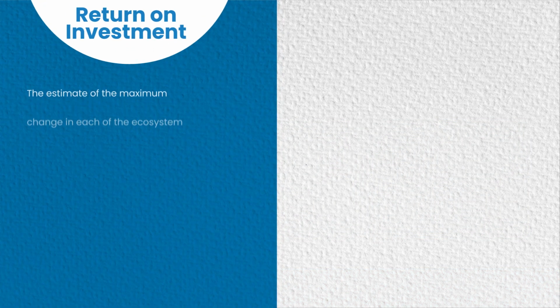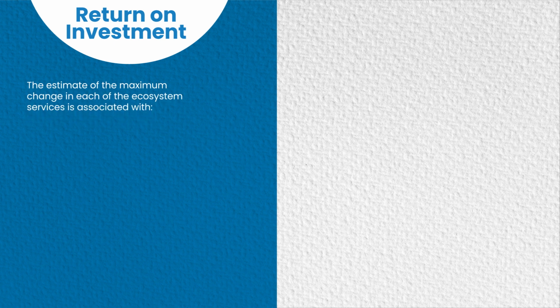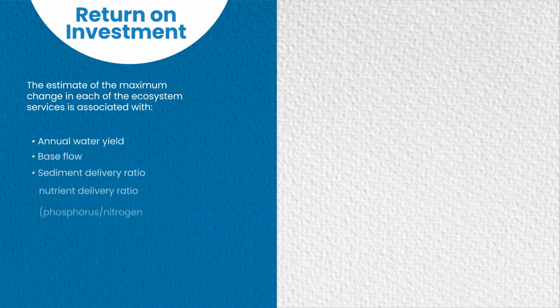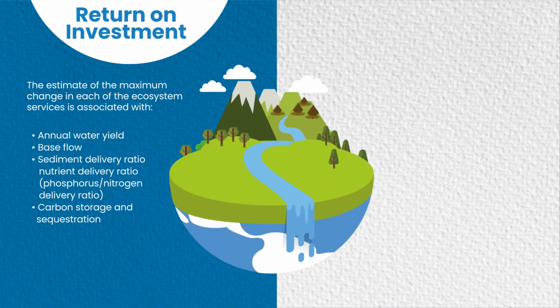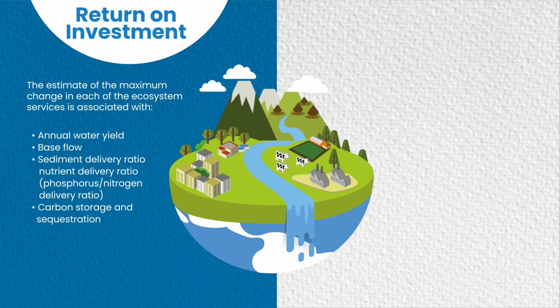So, as you saw in the previous module, InVEST is a model that offers different calculations to determine the basin conditions in relation to annual water yield, base flow, sediment delivery ratio, nutrient delivery ratio, phosphorus, nitrogen delivery ratio, carbon storage and sequestration.